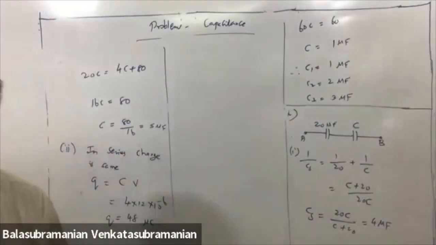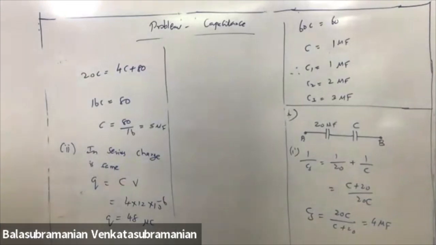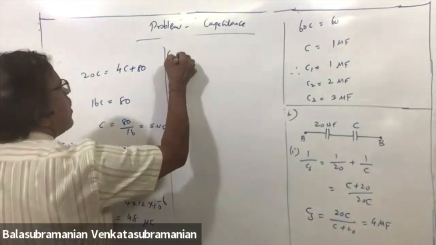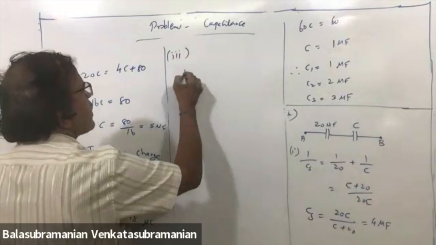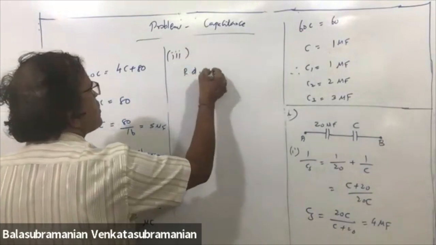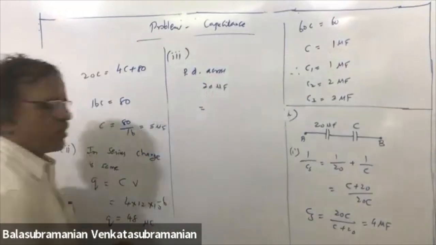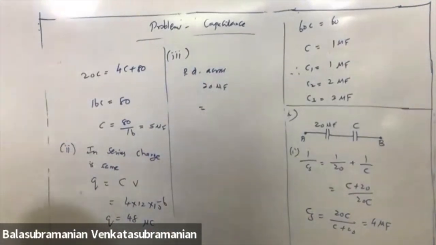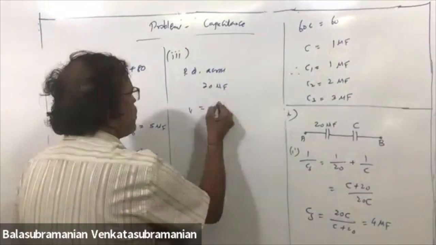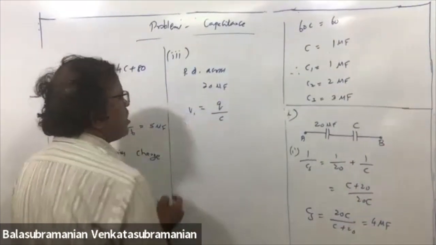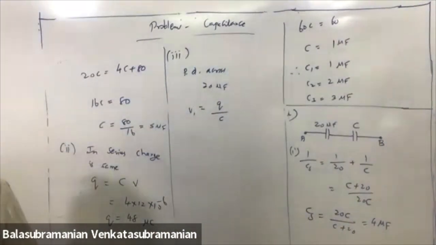Next, third one. Potential difference across 20 microfarad. Take it as V1. V is equal to Q by C. V1 is equal to Q by C in our case.